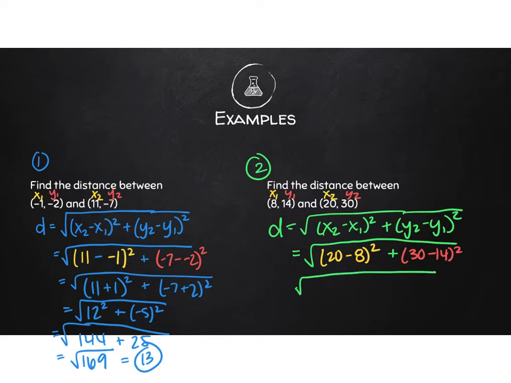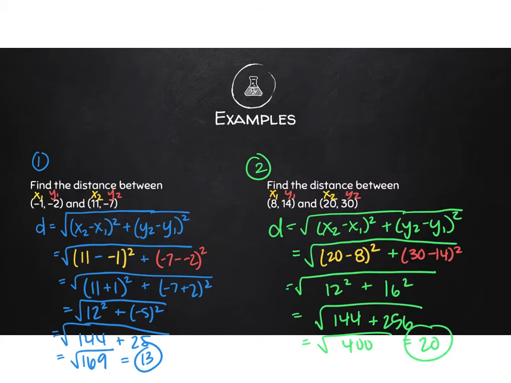So then we have 20 minus 8, which is 12 squared, plus 30 minus 14, which is 16 squared. Square root of 144 plus 256 equals the square root of 400, which is 20.